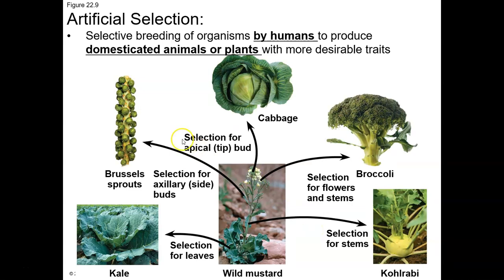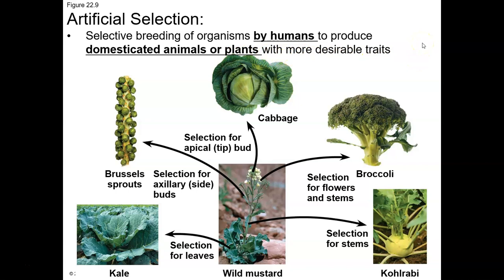So I don't know if you've heard of artificial selection, but artificial selection is very similar to natural selection, and it still requires the three principles that we just talked about. But artificial selection is different from natural selection because it is completely focused on human-based selection. Artificial selection is the selective breeding of organisms by humans to produce domesticated animals or plants with more desirable traits.